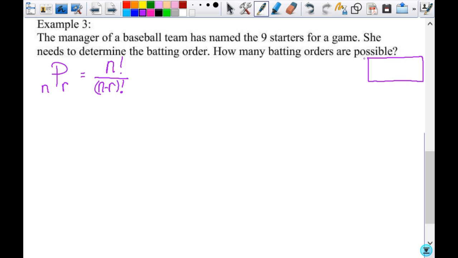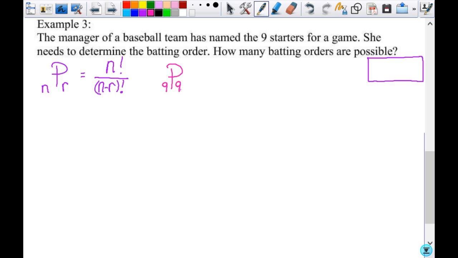All right. So then I've got to decide n and r here. So what is n? 9. What is r? 9. Right? Now, why am I not using 11 for the n?